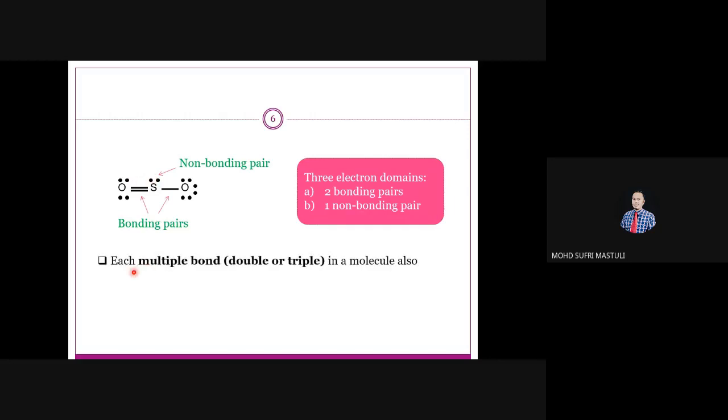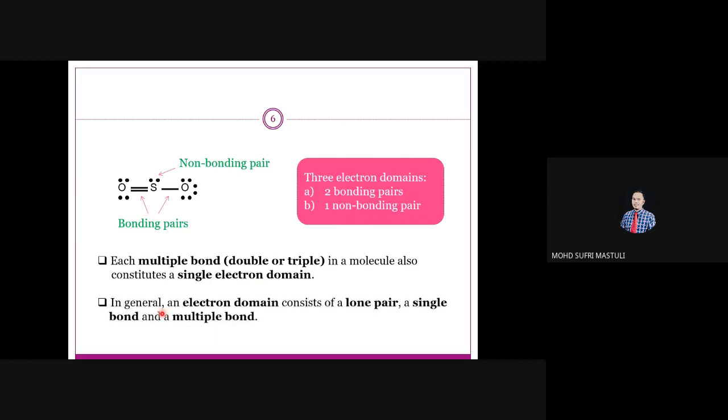So remember, each multiple bond, either double or triple in any molecule, also constitute single electron domain. This is why even though it is a double covalent bond, we consider it one bonding pair. In general, the electron domain consists of lone pair, single bond, and multiple bond.